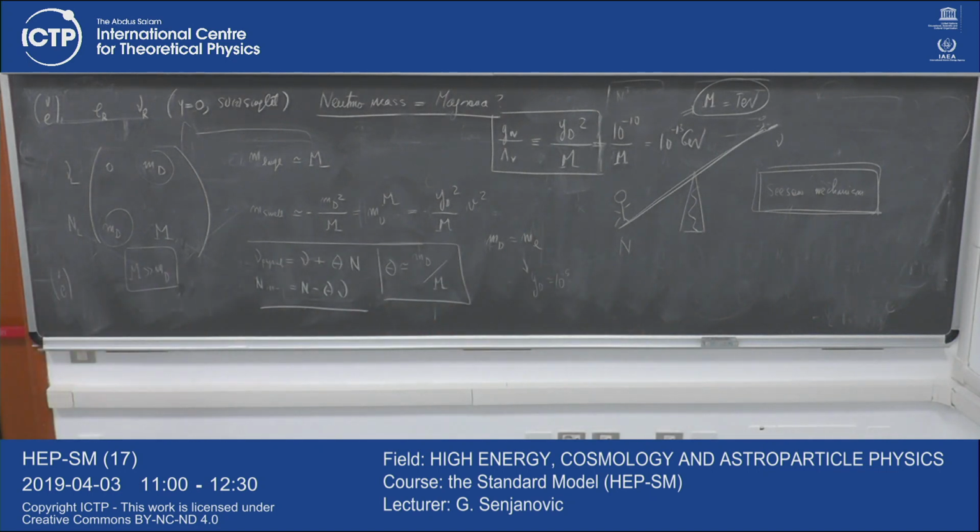I claim Weinberg taught me that neutrino should be Majorana, okay? But he also told me there is nothing new to see. So just go and work on strings or whatever, okay? Or do astroparticle physics, okay? But don't do this, okay?